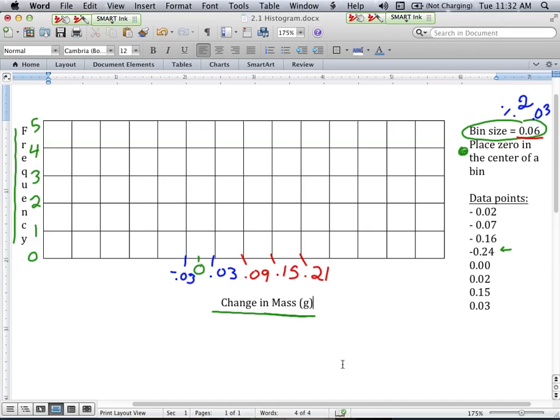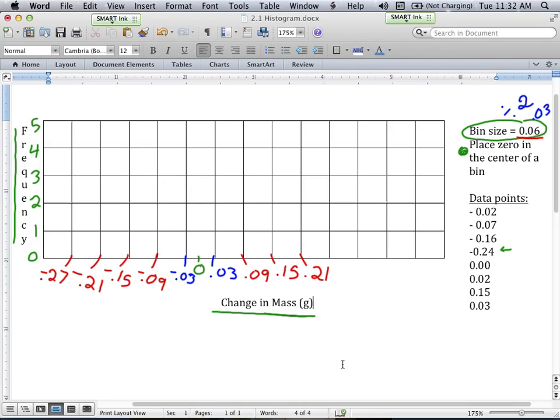On the other side, I'm going to do the same with negatives. Negative 0.03 minus 0.06 is negative 0.09. Then it'll be negative 0.15, negative 0.21, negative 0.27. So to label your axes, once you have your 0 bin set up, on either side you count up and count down by the bin size.